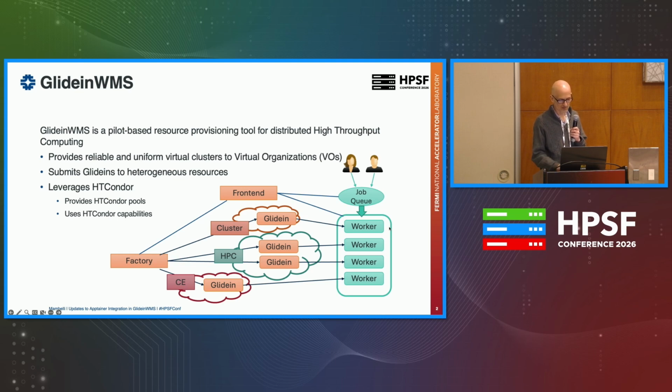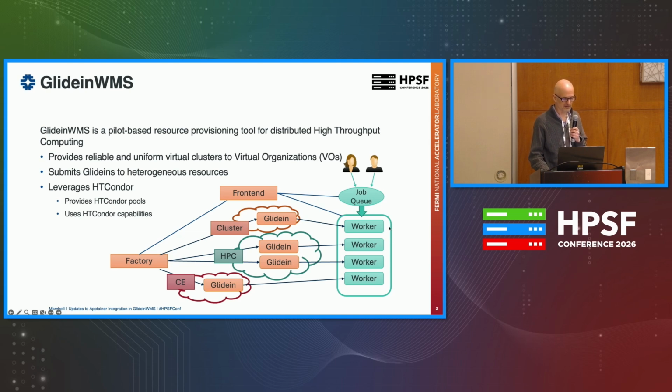So in short, we have the Glideins that are the tools that work on other resources. It could be cluster, clouds, or HPC systems. And the factory is the component that knows how to submit the Glidein to the different resources and what they require.